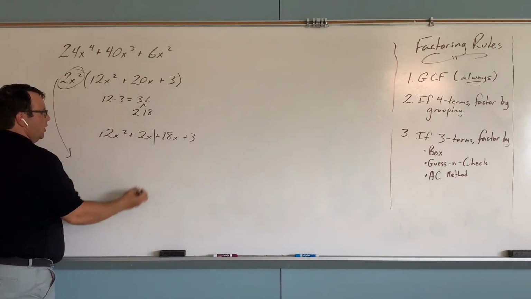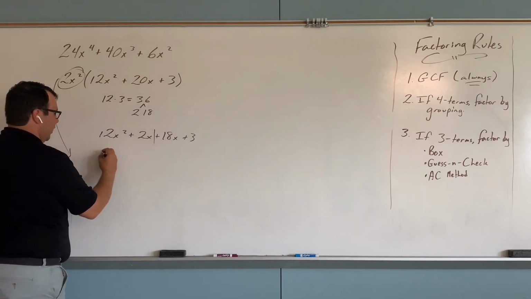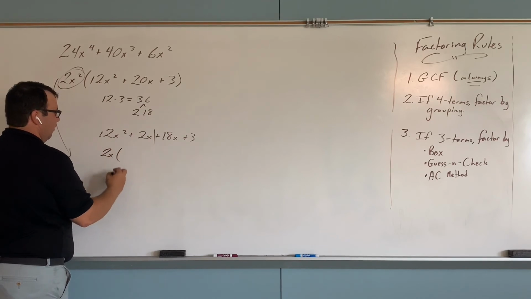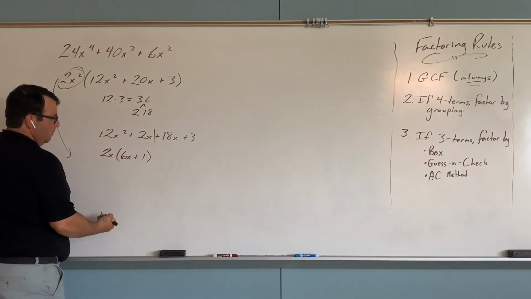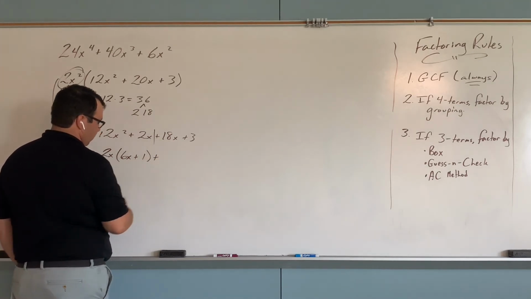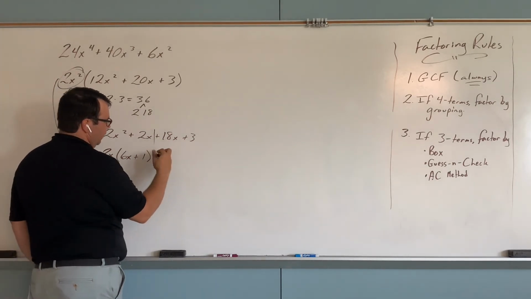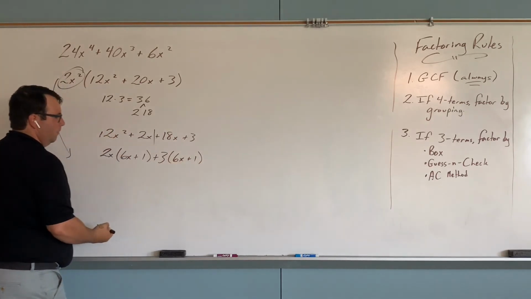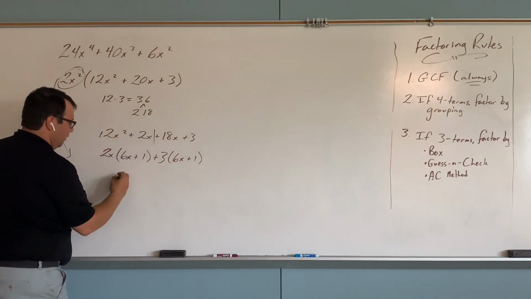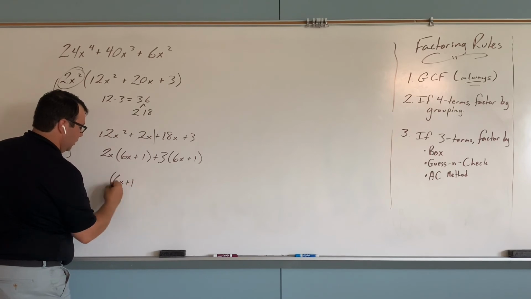Play some Math Ninja. First half, I can pull out a 2x. I'm left with 6x plus 1. Over here, I don't want a sign change, so plus. I can pull out 3, and I'm left with 6x plus 1. Combine those, I can pull out 6x plus 1.